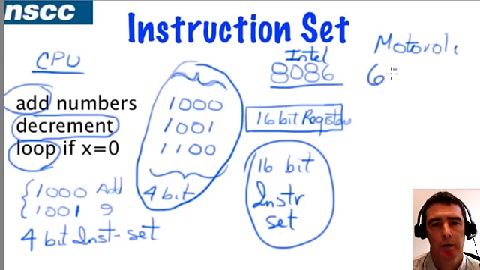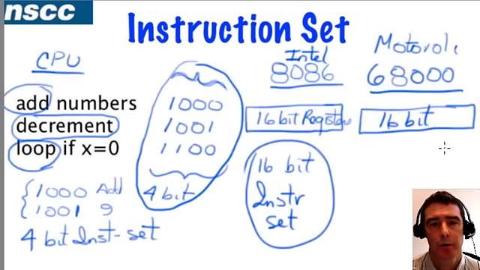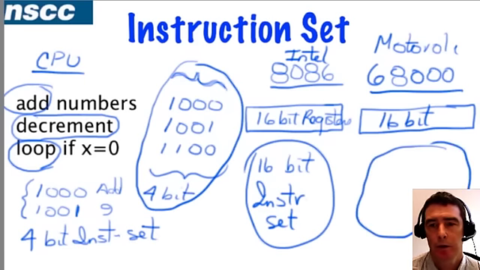Motorola had a 68000, and it also had 16-bit instructions. However, it used different codes. Instead of add, it may have had some extra instructions here. It used a different coding system. So it also had a 16-bit instruction set, but I'll use a different color here.